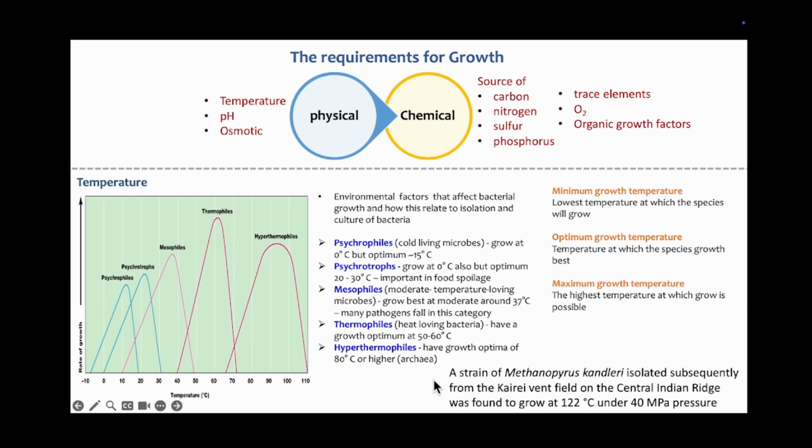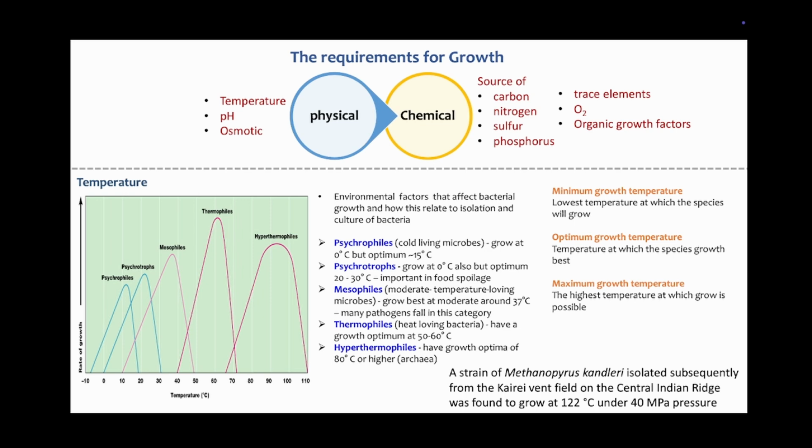Okay, this is the Archaea, Methanopyrus kandleri. So they are able to grow at 122 degrees Celsius because the conditions are not boiling, because it is under high pressure. So when it's under high pressure, water boils at a higher temperature.